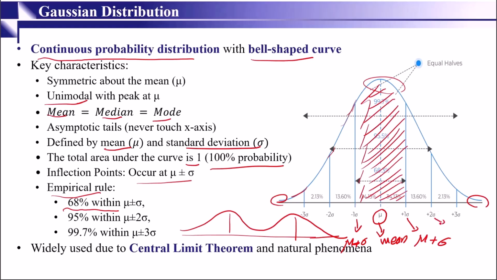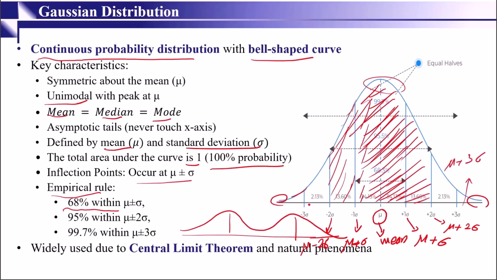Then this one is mu plus 2 sigma, and this one is mu minus 2 sigma, and 95.5% of data are here. You can see, and this one is mu plus 3 sigma, and this one is mu minus 3 sigma, and 99.7% of data are located in this area. This is called the empirical rule.